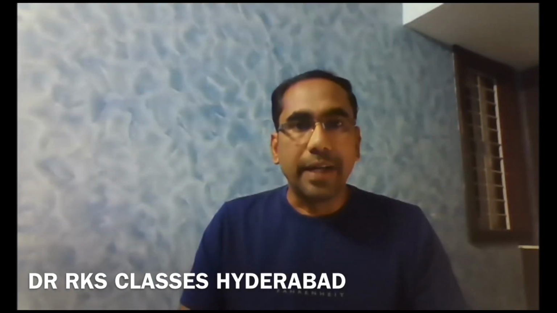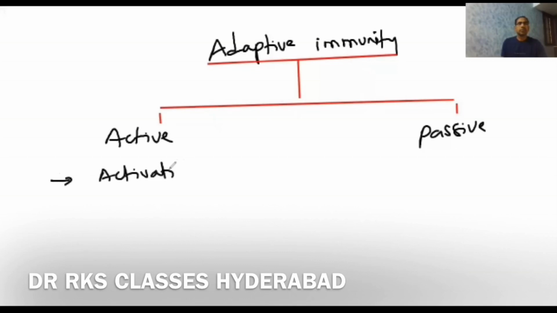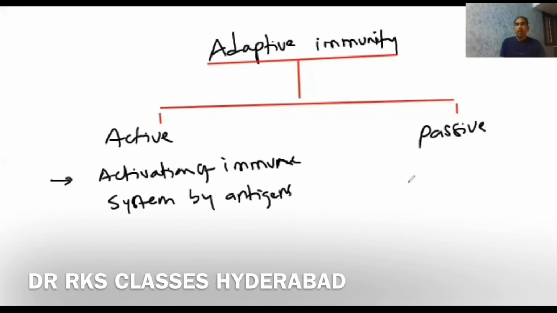Next, types of adaptive immunity. Adaptive immunity is of two types, active and passive. In active, the immune system gets activated by the entry of pathogen. In passive immunity, the antibodies are transferred from sensitized person to non-sensitized person.